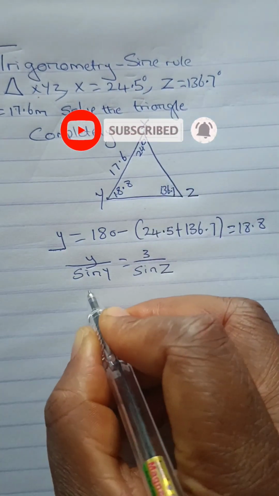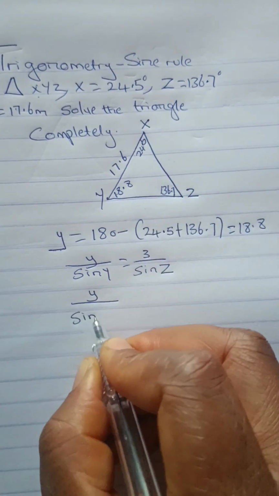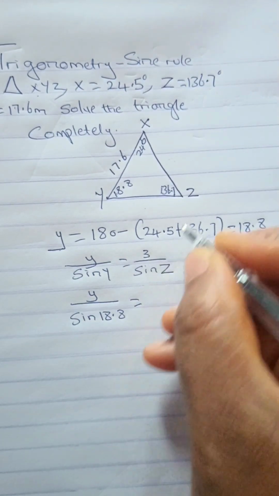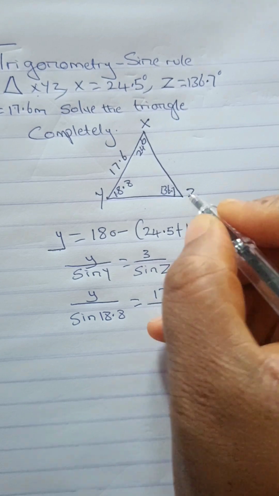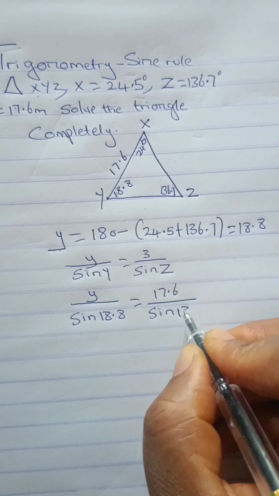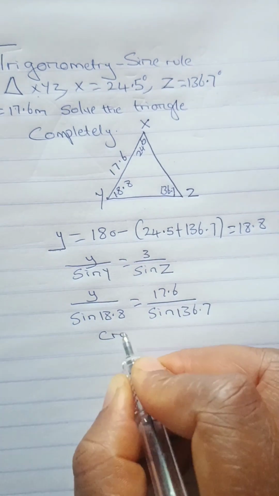We don't have the small y, so it's y over, the big Y is sine 18.8, equal to, the small z is 17.6 over, the big Z is sine 136.7.